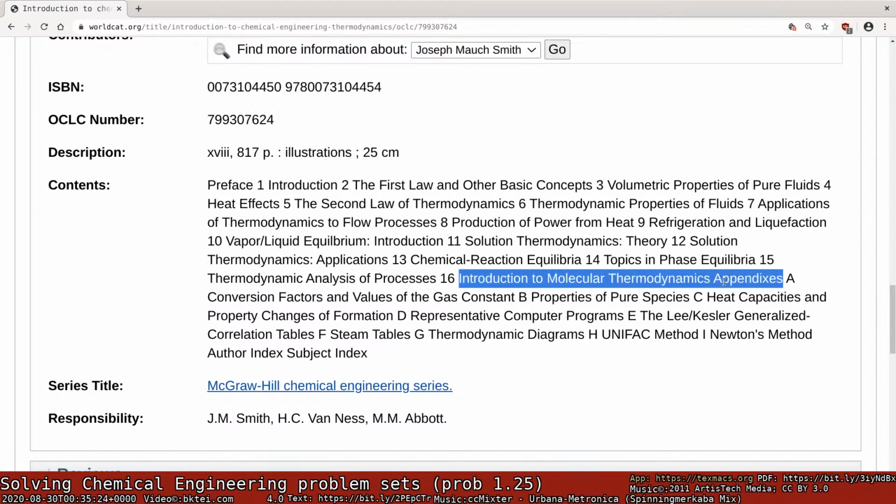Then 16, Introduction to Molecular Thermodynamics, which seems to be getting closer to something that might be relevant for nanotech. Atomic precision manufacturing, atomically precise manufacturing.